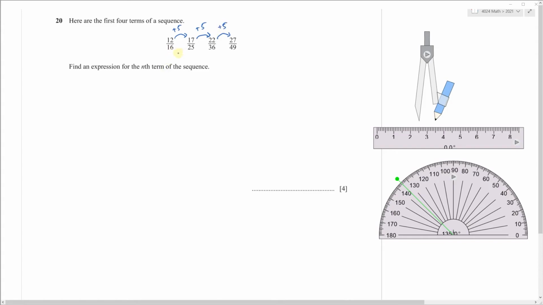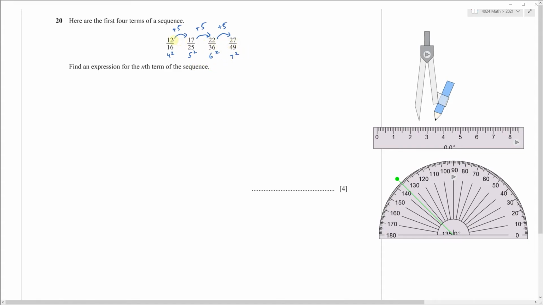In the denominator, you don't see any number being added. So 16 to 25 is 9, and then 25 to 36 is 11, 36 to 49 is 13. But if you look at these numbers, these are all square numbers. So this is 4 square, this is 5 square, 6 square, 7 square, and so on.